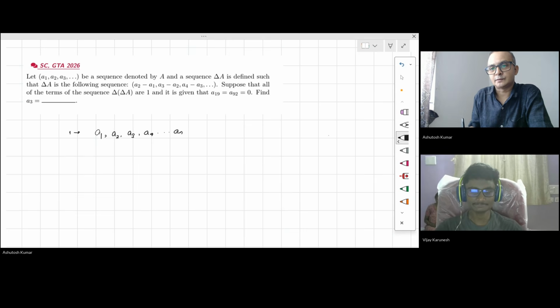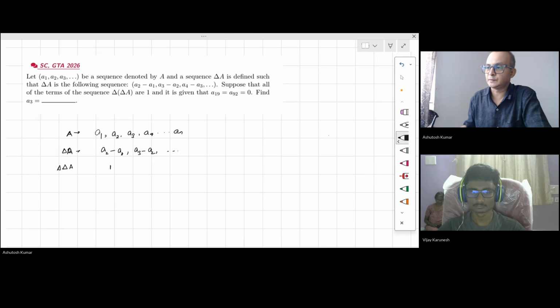Now the second time, what is happening? You are taking A2 minus A1, A3 minus A2, and so on. This is A, and this is going to be delta A. And when you take delta delta A, automatically it becomes a constant.